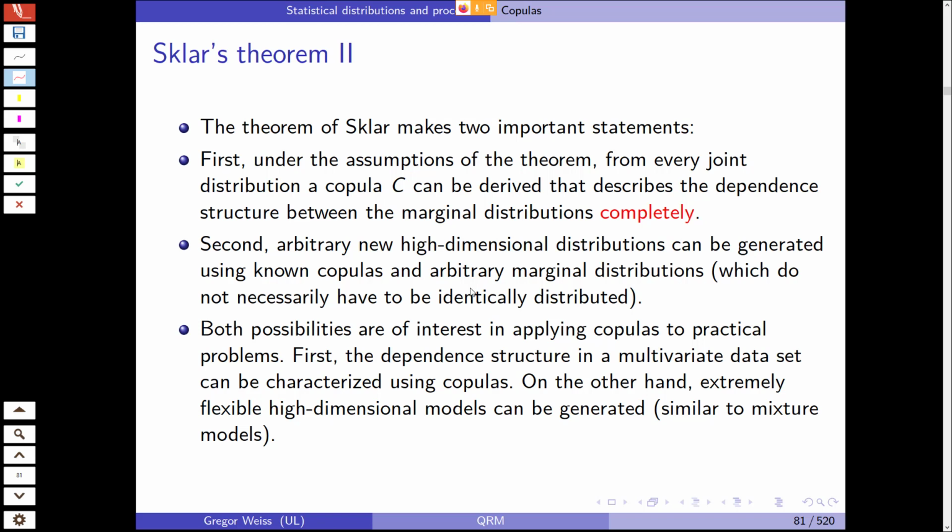First, under the assumption of the theorem, from every joint distribution, you can derive a copula C that completely captures the dependent structure between the marginals. And second, you can construct any new arbitrary high-dimensional distribution simply by combining known copulas and known marginal distributions.